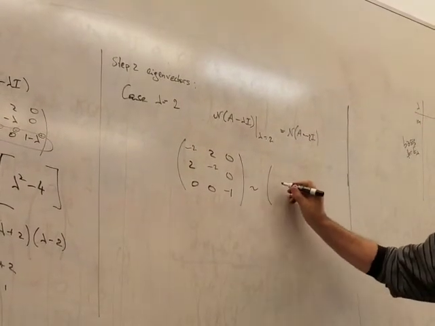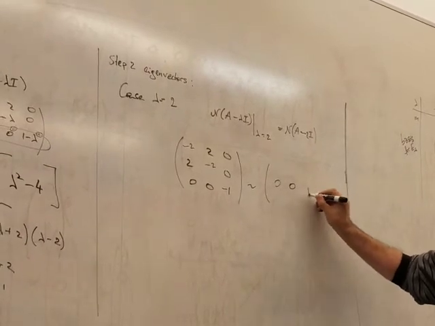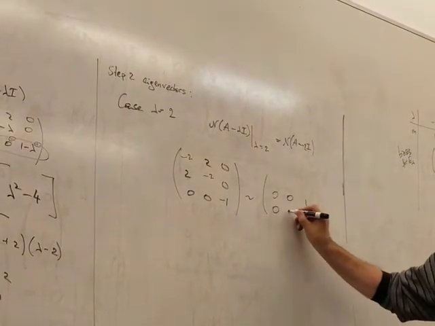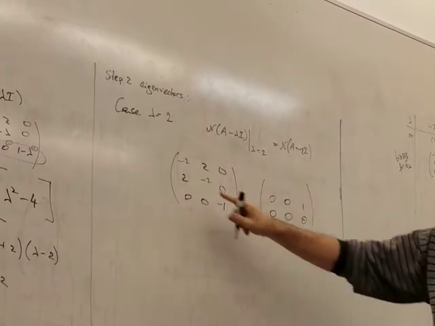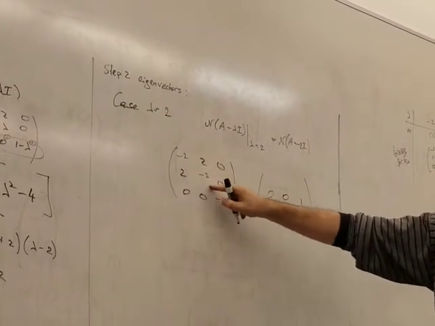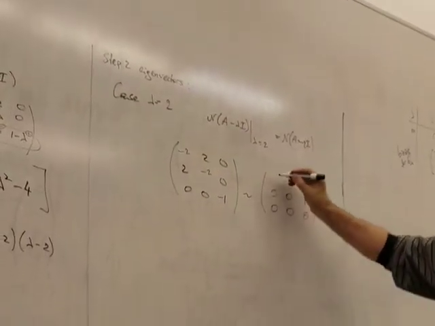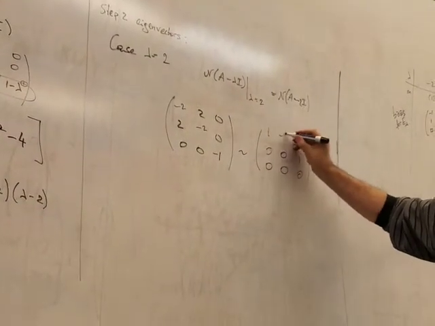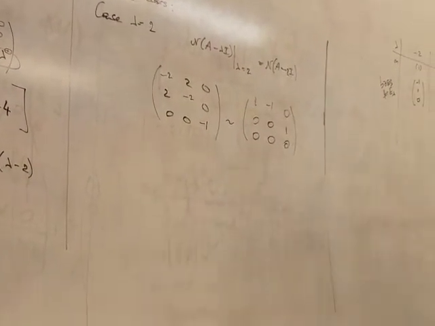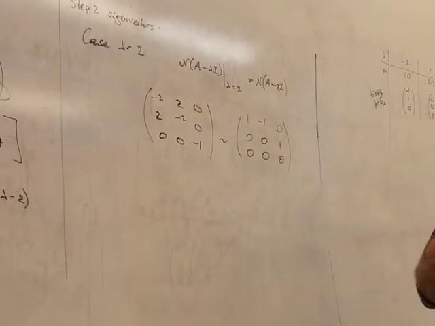So that last row I know will go to 0, 0, plus 1 when I scale. I'll have a missing pivot because this row is the negative of that one. So just need to keep 1 and I'll scale it by 2 to get 1 minus 1, 0. Yeah, it row reduces to that.